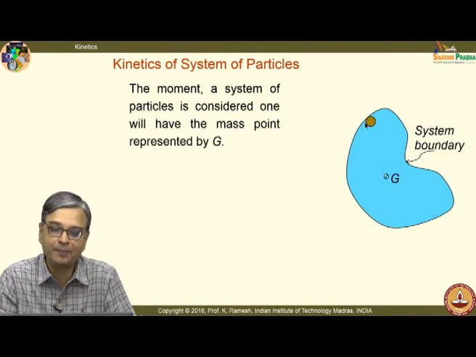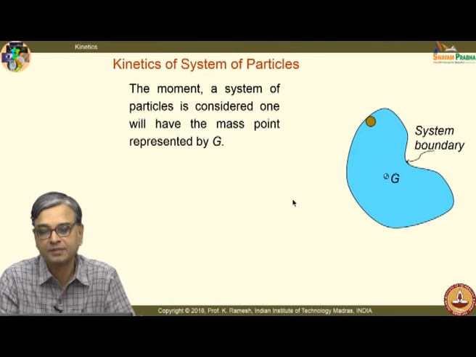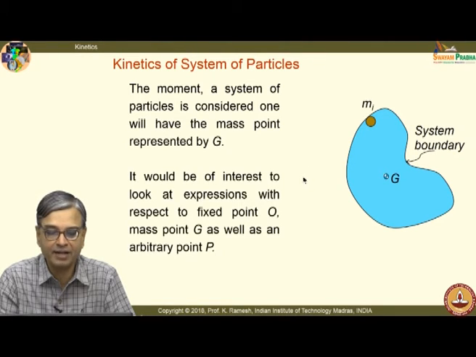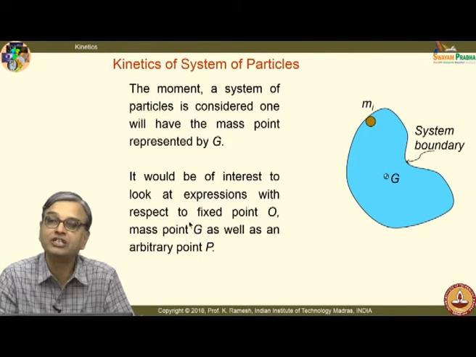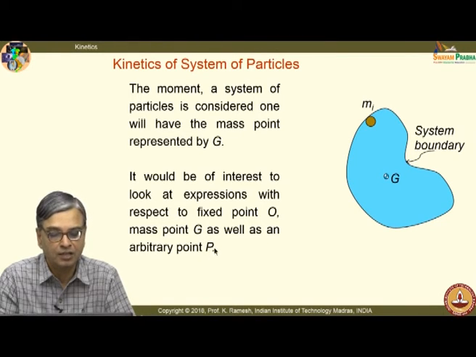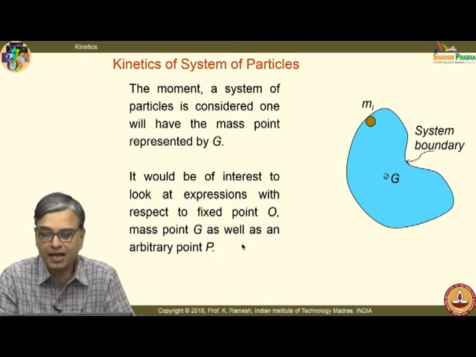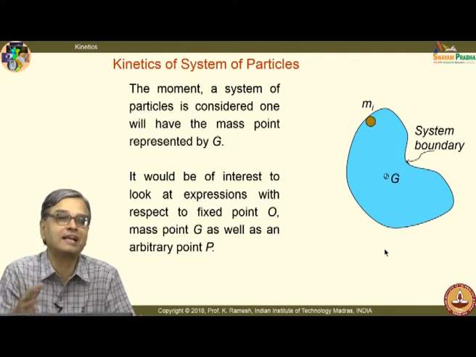So, I have a representative point, and we will also have some discipline in labeling them. We are going to develop expressions with respect to fixed point O, mass point G, and an arbitrary point P. For clarity, I will put the arbitrary point outside the object here, so that the diagram looks cleaner.